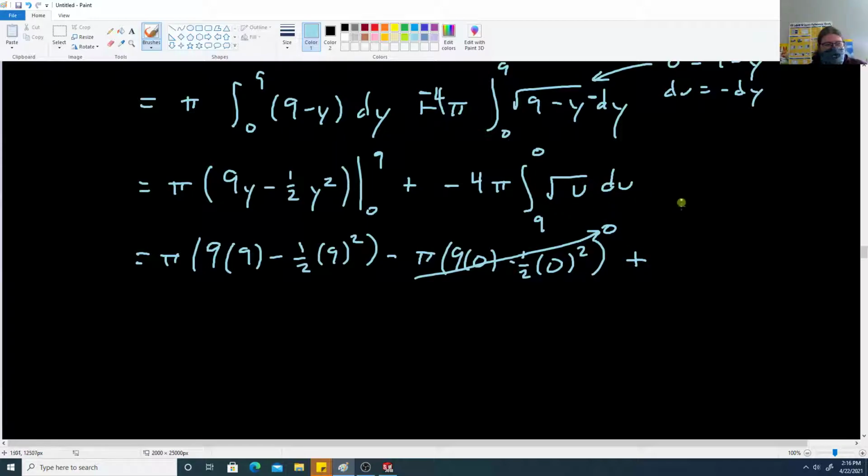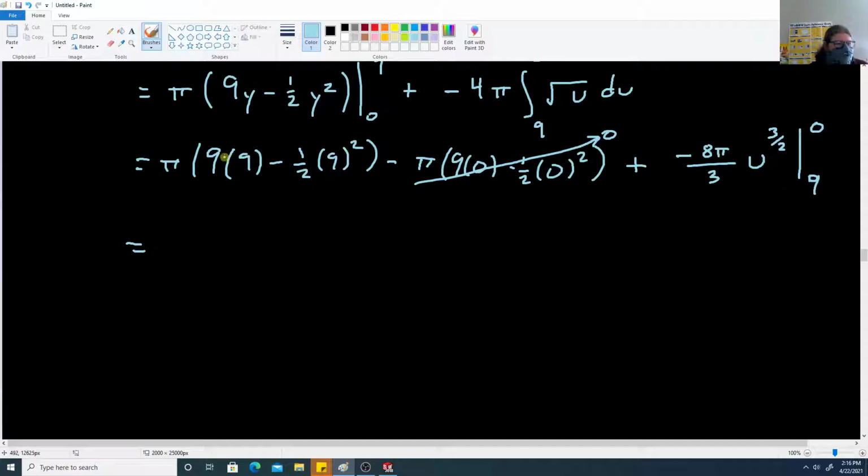Plus we'll integrate this. u to the 1/2 goes to u to the 3/2, so we'll have a 2/3 out front. 4 pi times 2/3, that will be negative 8 pi over 3. And then we'll have u to the positive 3/2, and then we'll be integrating that from 9 up to 0.